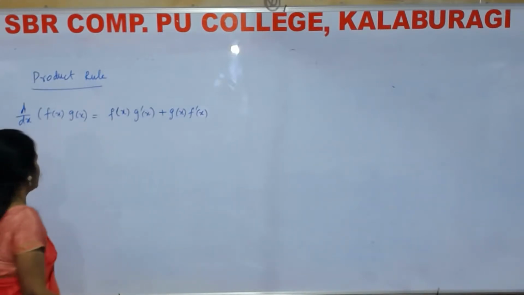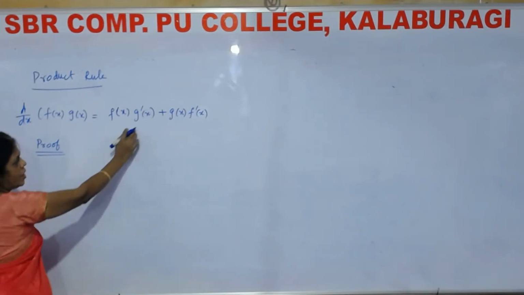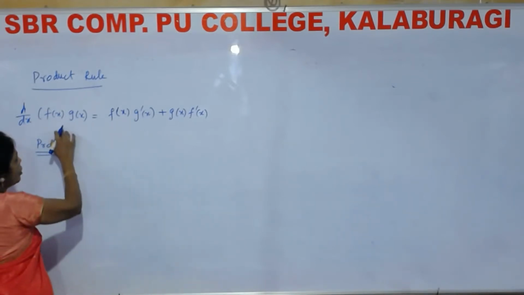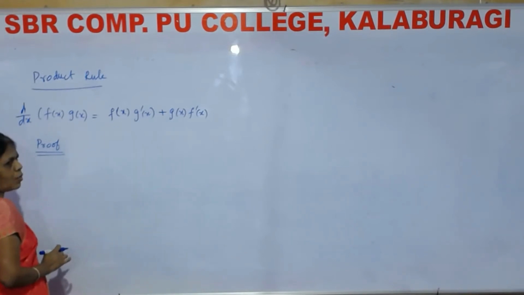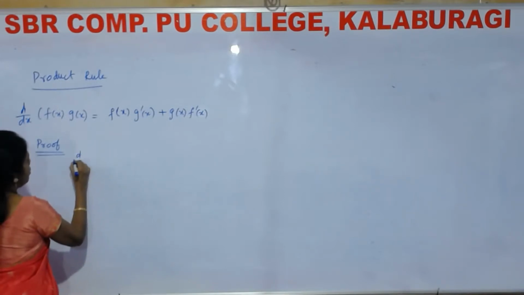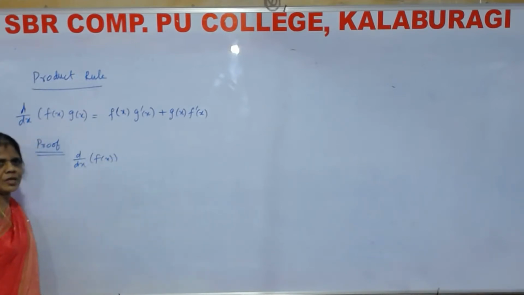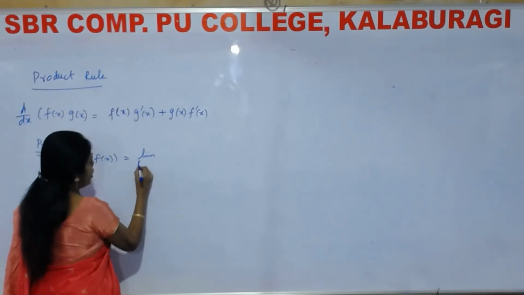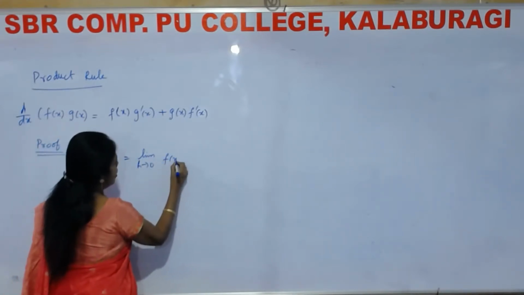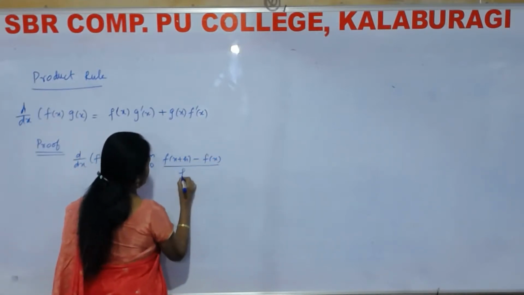Now we know the formula. This is the derivation of the product rule. Now let's say d by dx of f of x, you know this one, dy by dx. What will you say? Limit h tends to 0, f of x plus h minus f of x, divided by h.